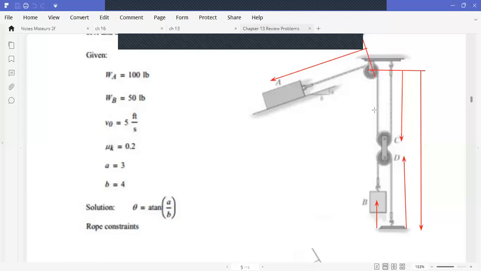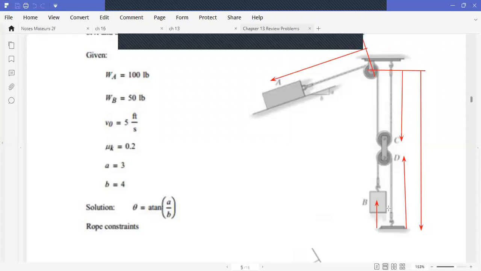What is the next step to do? Just a question: we draw the free body diagram. What does the problem want us to find? The problem wants us to find the acceleration of A and the time. They gave us the initial velocity of A. They want us to find the time needed to stop A. A was moving at 5 feet per second.